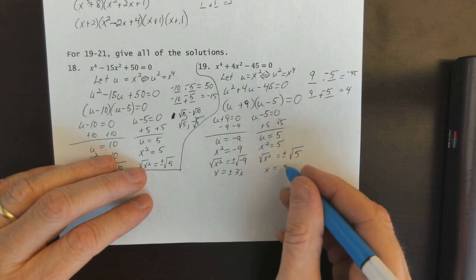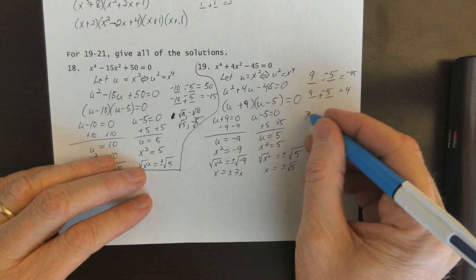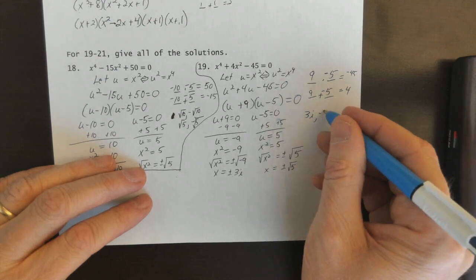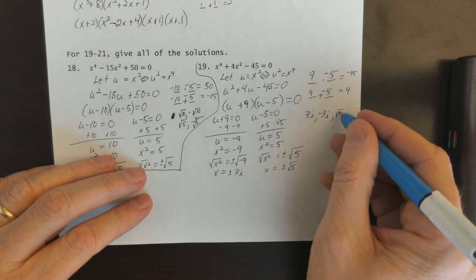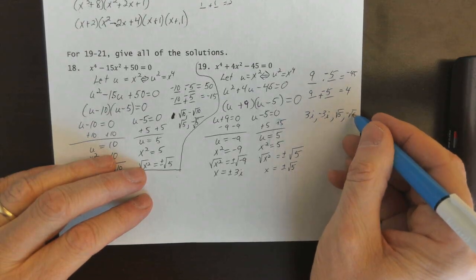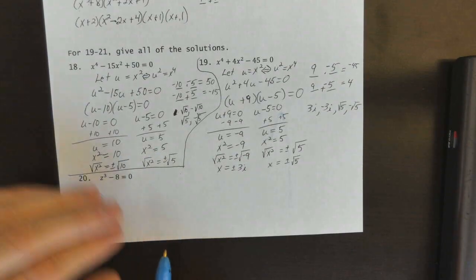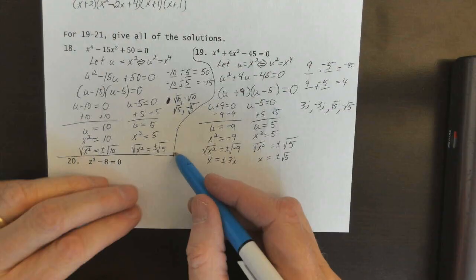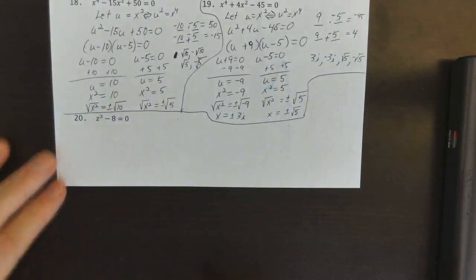I got x equals plus or minus square root of 5. So 3i, negative 3i, these are two imaginary solutions. Square root of 5, negative square root of 5, those are two real solutions. They were in here also. Coincidence. All right, let's do this last one.